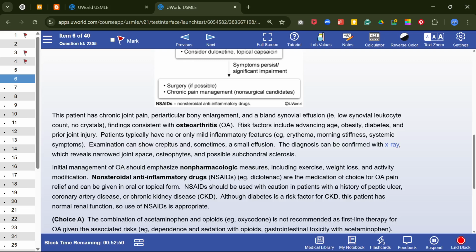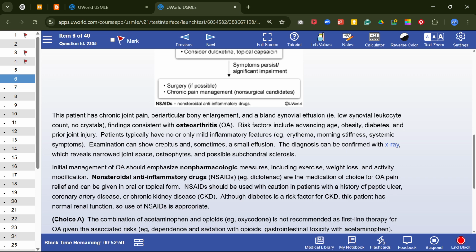The diagnosis is often confirmed with X-ray, which reveals narrowed joint space, osteophytes, and possible subchondral sclerosis. Initial management of osteoarthritis should emphasize non-pharmacological measures including exercise, weight loss, and activity modification.